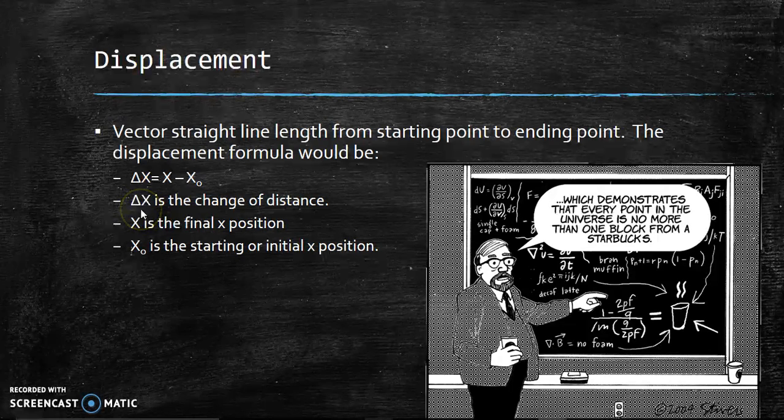The change of x, or the triangle x, stands for the change of distance, or the change of how that object's going to move. X can be represented as the final x position or the final object position, and x naught, which is the x with the little sub o, is the starting or the initial x position.